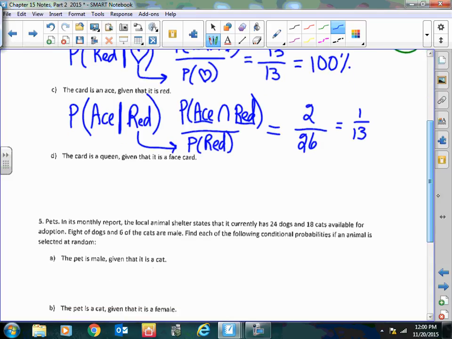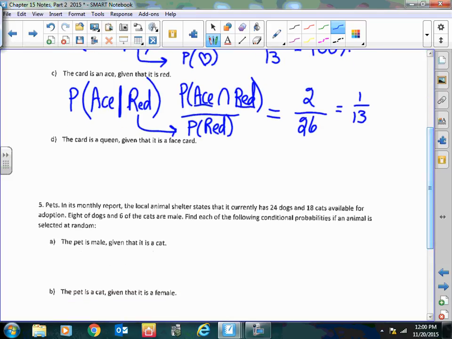That's great. This last one is not really tricky, except that you do need to know that as far as face cards go, that's not the aces. The face cards are the jacks, queens, and kings only, so do that one.